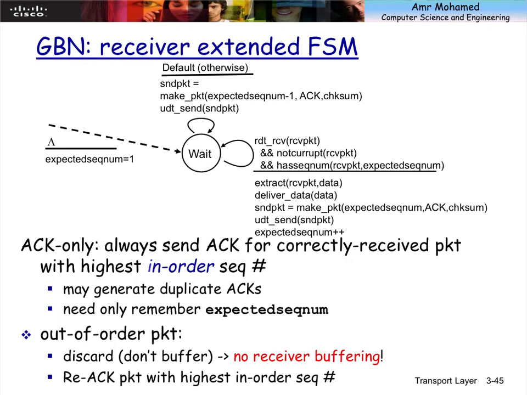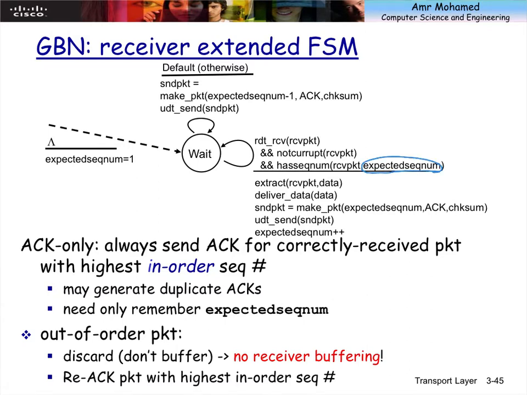Okay, the receiver for go back n, this is the good news. The receiver is relatively simple. Why? Because the receiver assumes that I always receive segments in order. So that's why here you see the expected sequence number.